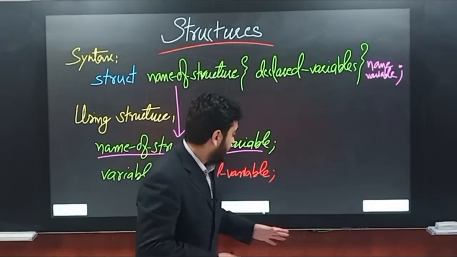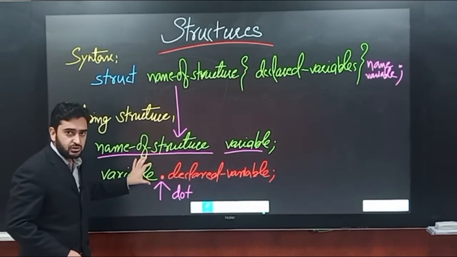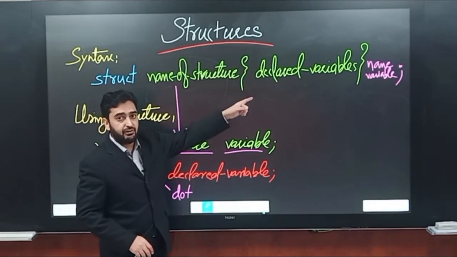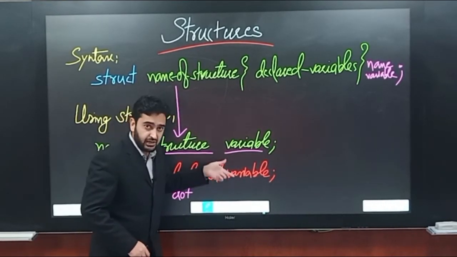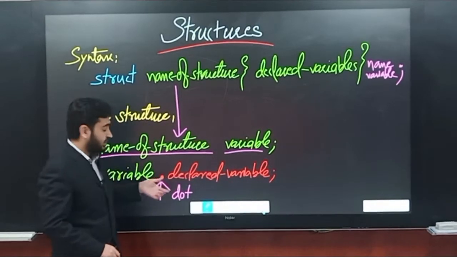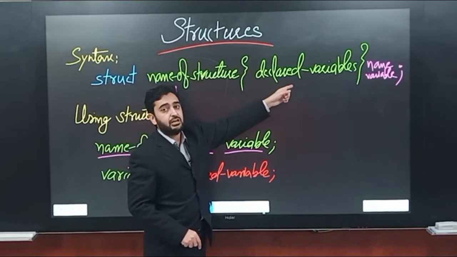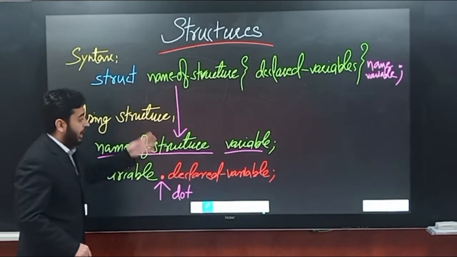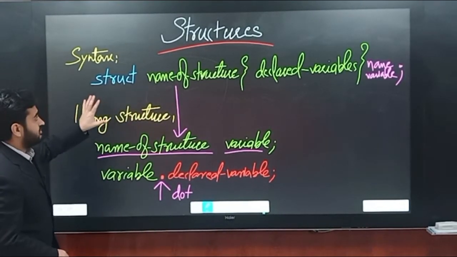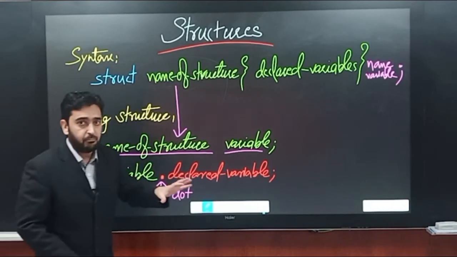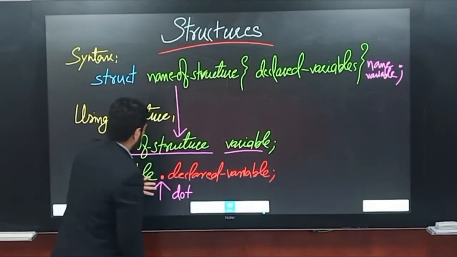Through this way we can assign values to the declared variables, or we can print or fetch the values through a cout statement using the dot operator. So let's see how we can use this structure concept in an example of C++ programming.